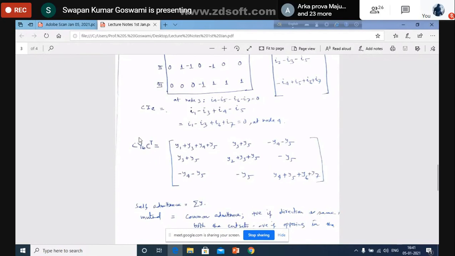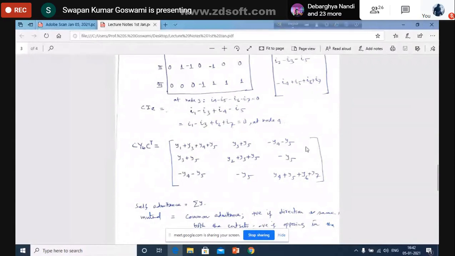YB obviously is the branch to branch admittance matrix, C is the Kirchhoff to element incidence matrix, and C transpose is the transpose of that. I have not shown the multiplication here. Later on I shall show another example where all those steps will be shown.